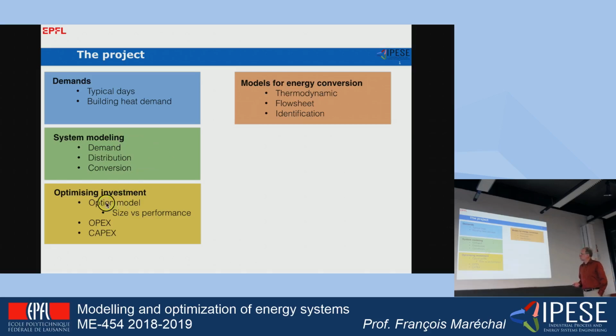And you have started last week another job, which is going into the details of the optimization by optimizing an investment, the size of a heat recovery heat exchanger, for example, that would allow to understand the compromise that exists between the investment you do by buying heat exchangers, for example, and the savings that you will realize by using the heat exchanger. Okay? And this is where we were last week, discussing about the operating cost and the corresponding capex, which is a capital expenditure that is used to buy new equipment.